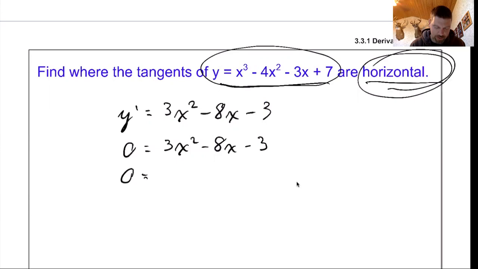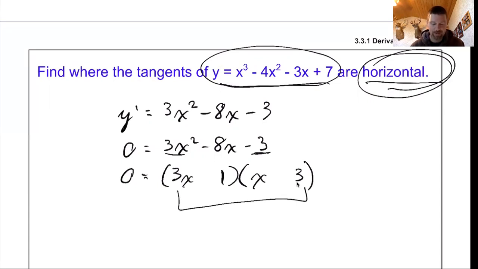That'd be 0 equals, all right, that's a 3x squared. So this is going to have to be a 3x and an x. That's a 3, so one of them is going to have to be a 3. I could put the 3 here, but I think it's actually better to put the 3 there and a 1 there, because 1 times 3 is 3. The reason why is these 2 times each other is 9x.